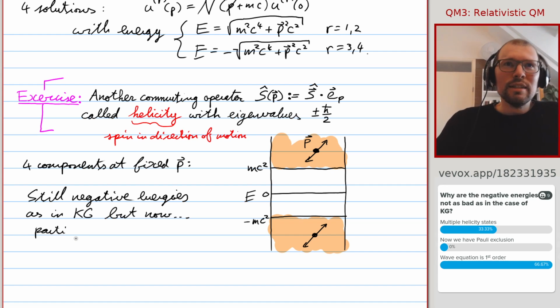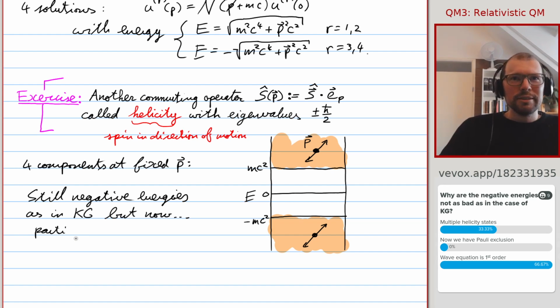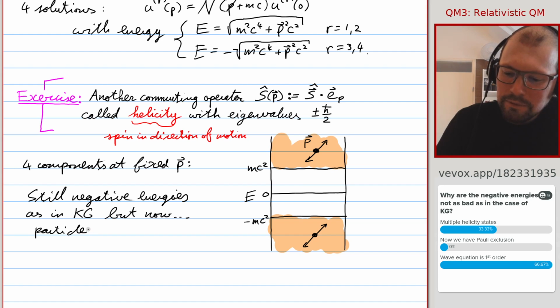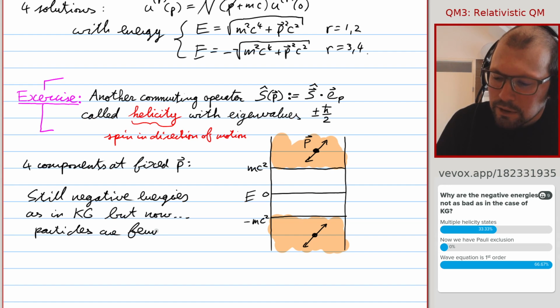Exactly. So in metals we have a Fermi sea. All the states below a certain energy are occupied. So Pauli exclusion tells you that any additional particles can't go there. This is a way out that we could envision also happening in this case. So the difference is that particles are now fermions.